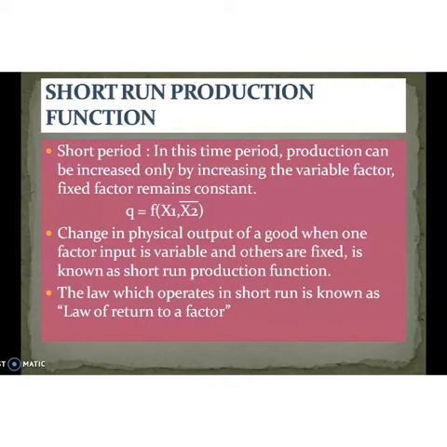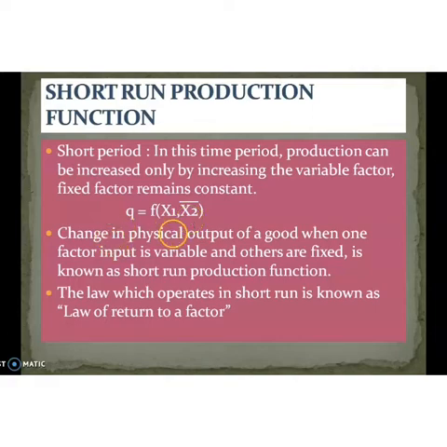It cannot vary with output. So in the short run, the production function is a function of variable factor and also fixed factor. So Q = f(x1, x2), where x1 is the variable factor and x2 is the fixed factor.